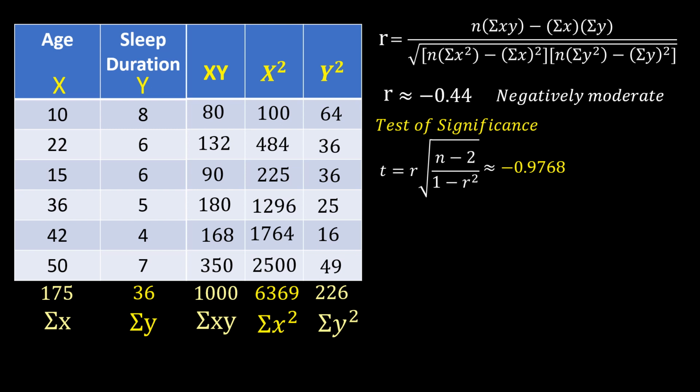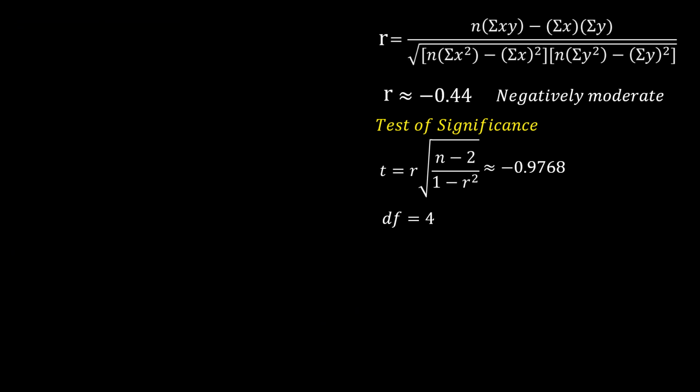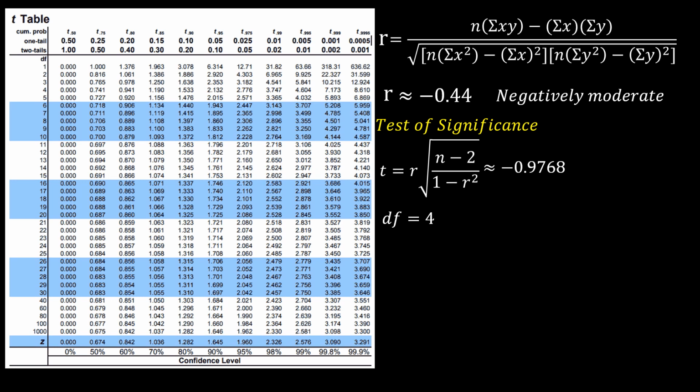Next step is to find the degrees of freedom. We need the degrees of freedom to know the critical value. The formula for the degrees of freedom of a Pearson's r is n minus 2. Our n, or the number of samples, is 6. So 6 minus 2 is 4. So let's pull up our t table. On the left side, you'll see the df, or the degrees of freedom, and it's here, 4.